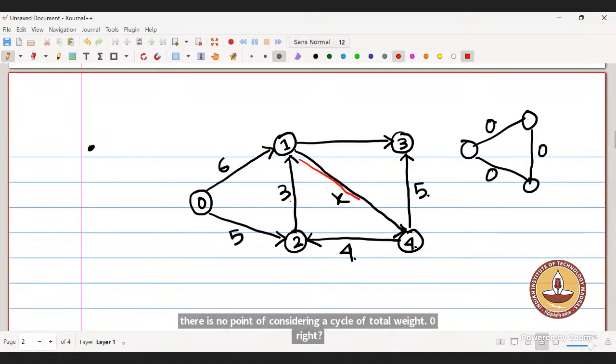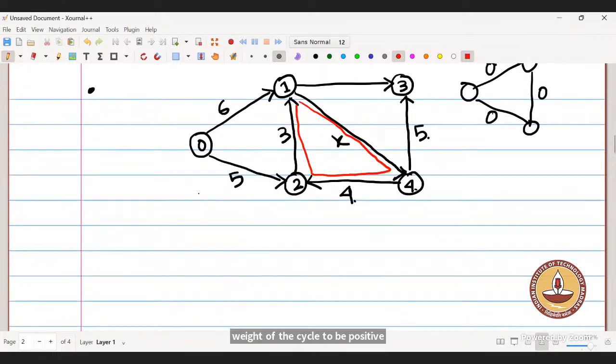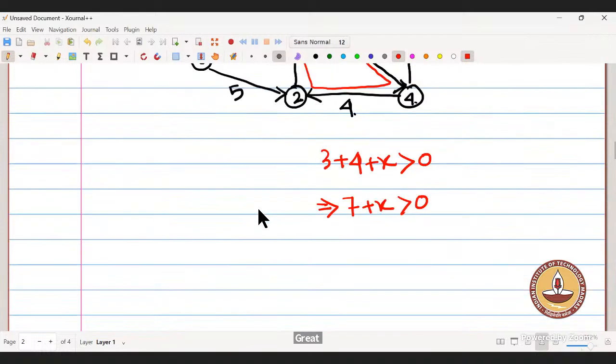You want the total weight of the cycle to be positive. That means 3 plus 4 plus x should be greater than 0, so 7 plus x should be greater than 0. That means x should be greater than -7.